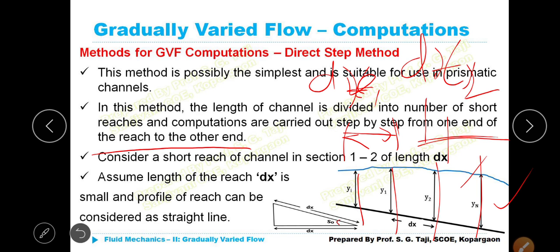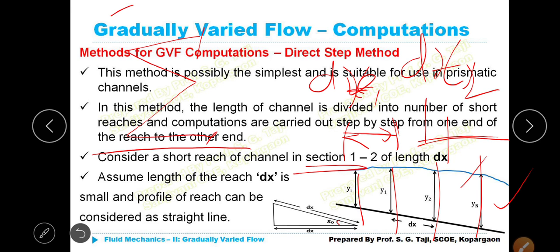Consider a short reach of channel between sections 1 and 2 of length dx. So let us understand the whole procedure for one short length, that is dx, and then any number of such lengths dx1, dx2, dx3, etc. can be calculated by using the same steps, procedures and formulae, and then you take sigma. Sigma means this mathematical sigma.